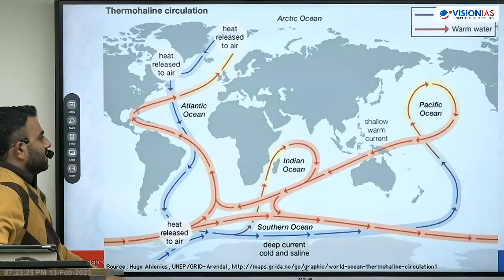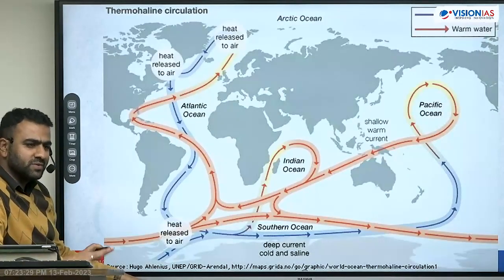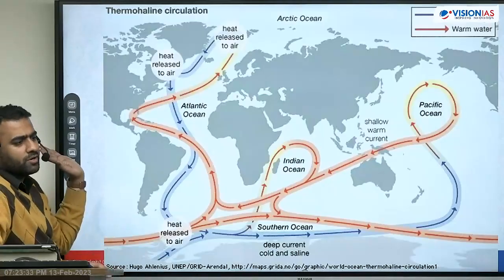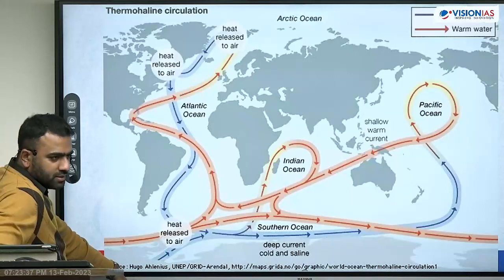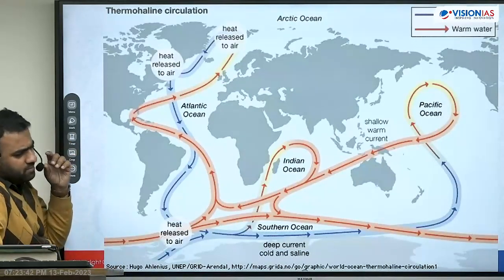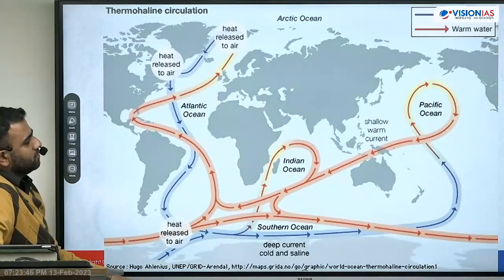Second, surface currents are of both types, warm and cold current. Thermohaline circulation is majorly cold, because it is a bottom current. Surface currents move faster. Thermohaline circulation moves very, very slow.